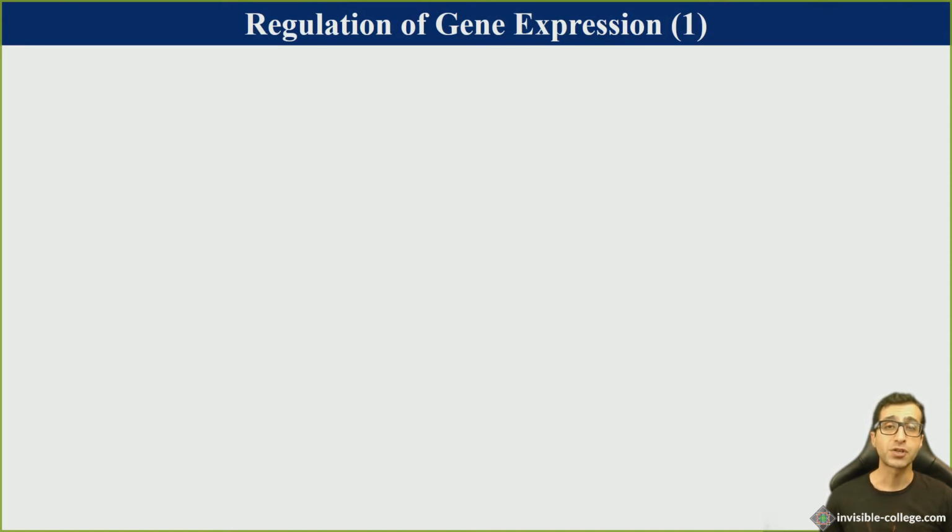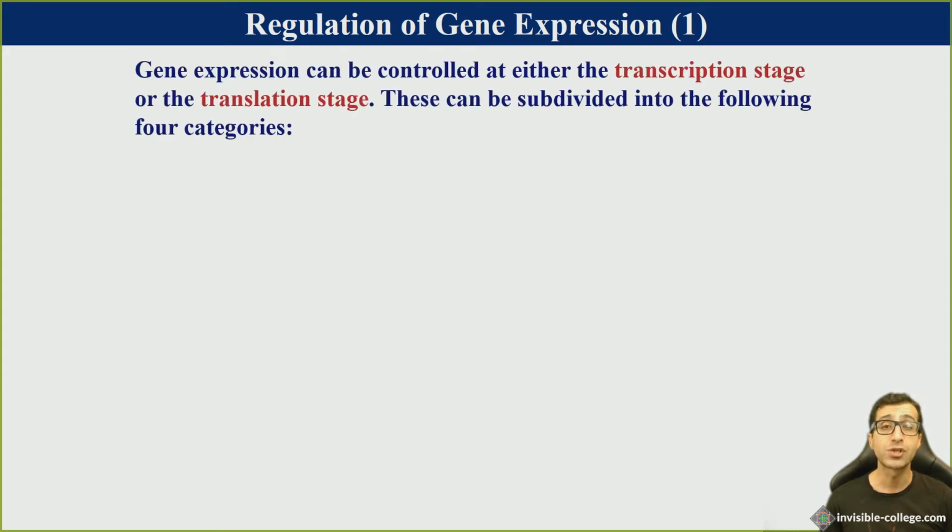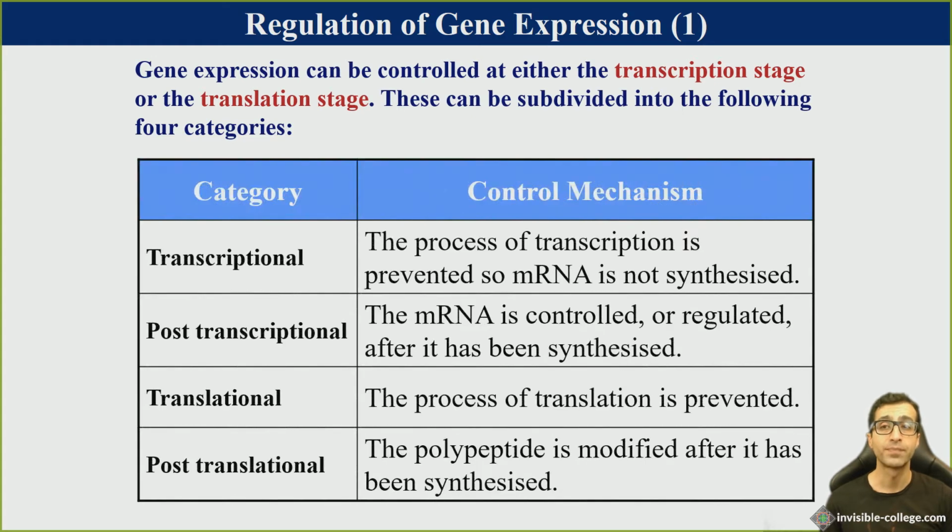So, gene expression can be controlled at either the transcription stage or the translation stage. So these can be subdivided into the following four categories. So we can talk about transcriptional control, post-transcriptional control, translational control, and post-translational control. And in each one of these cases, these are the mechanisms by which the control is exerted.